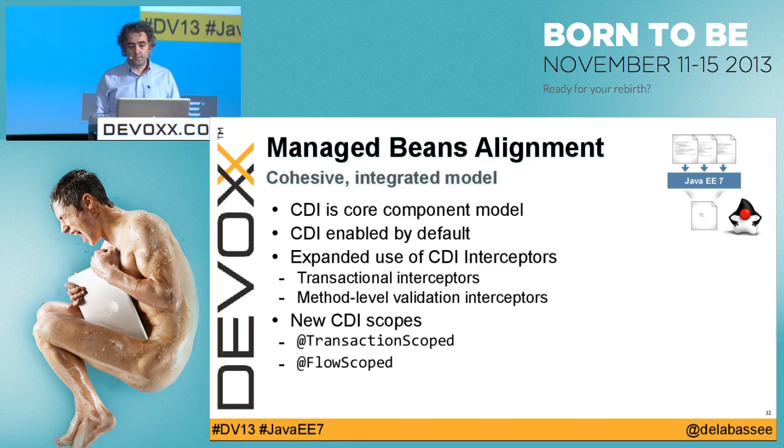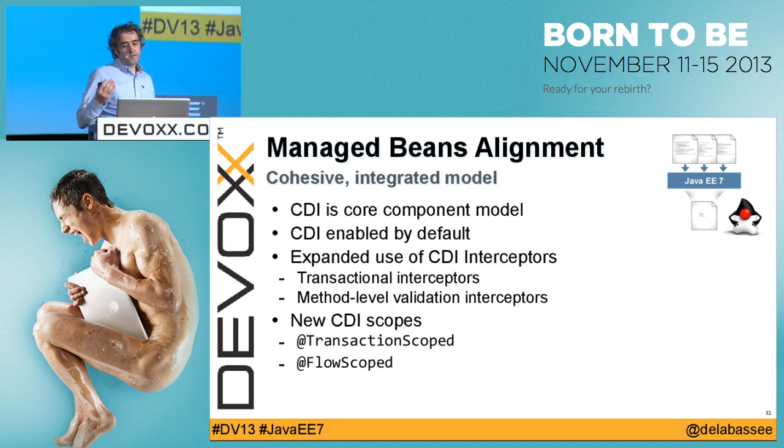We have this notion of implicit beans. Any bean archive that has a scope will be considered an implicit CDI bean archive, so you don't need any beans.xml there. But obviously, you also have the ability to tag classes if you don't want them to be CDI enabled. For that, you will use the Vetoed annotation.